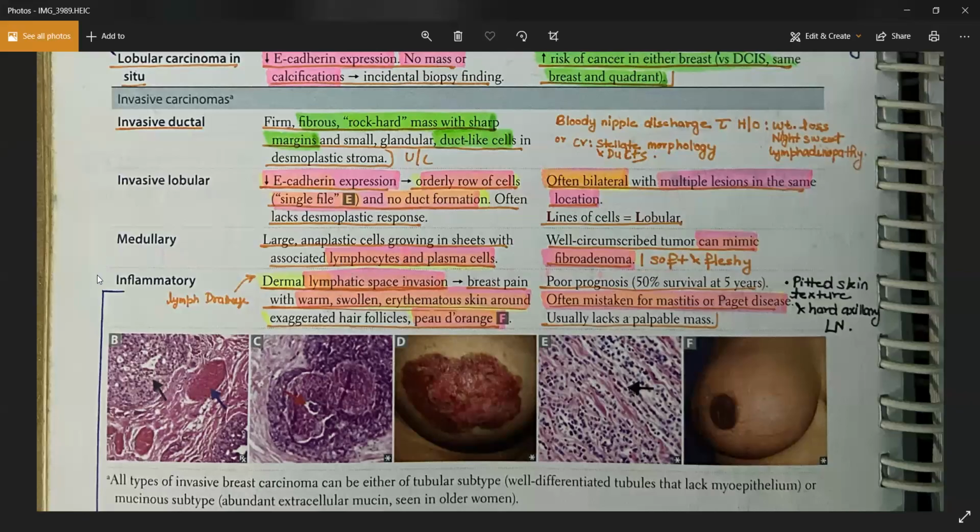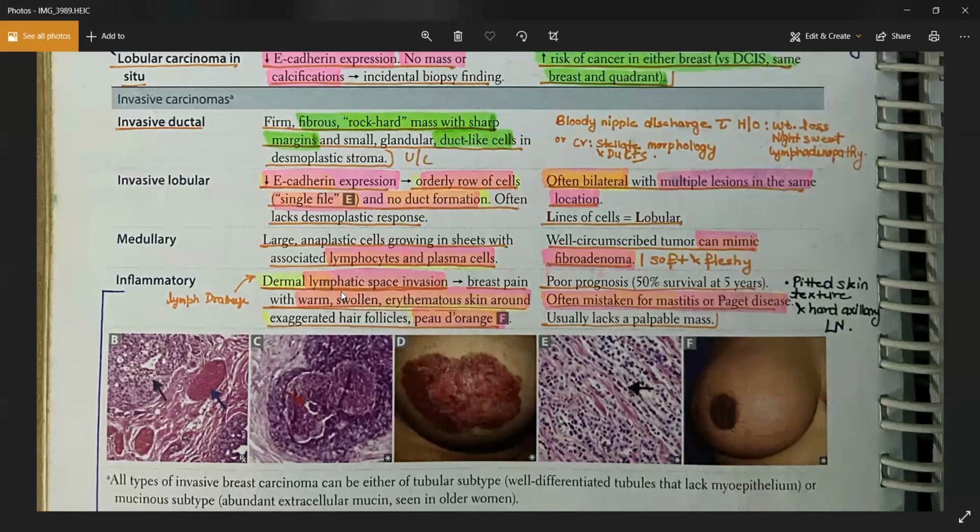Then you have the inflammatory invasive carcinoma. Actually, it is not an inflammation, but it mimics inflammation. It can mimic mastitis also, okay? So what happens is, when the cancer cells metastasize, they will cause a blockage in the lymphatic ducts. And when the lymphatic ducts get blocked, you will have a lymphedema in the breast.